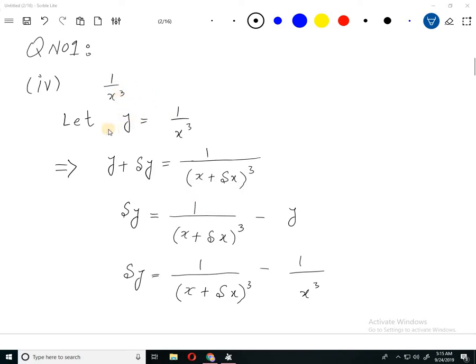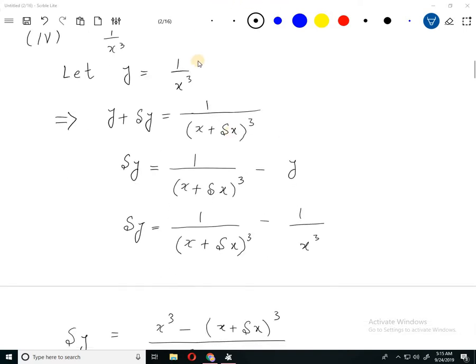1 over x cube. So let this whole thing equal y. Now taking increment on both sides, y plus delta y equals 1 over (x plus delta x) cubed. Then delta y becomes 1 over (x plus delta x) whole cubed minus y, putting the value of y here.